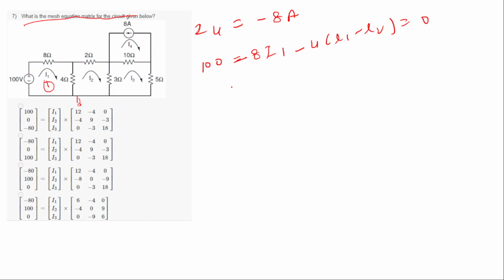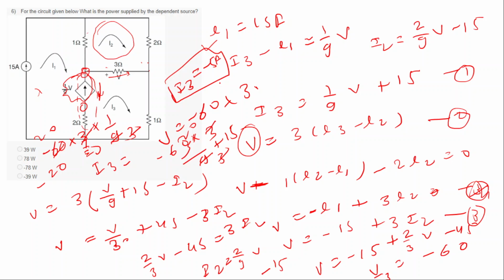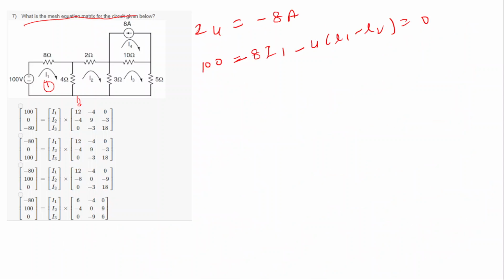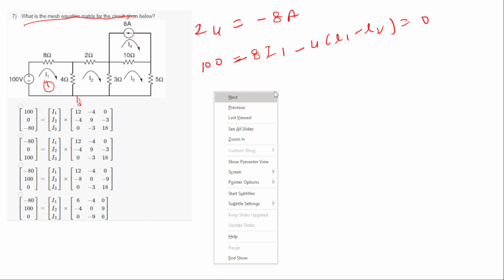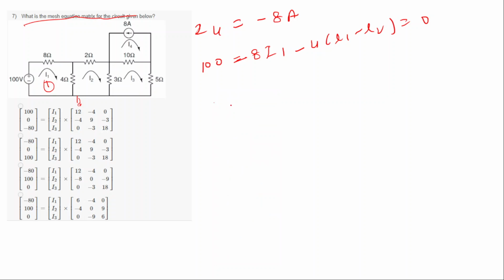Second equation: minus 2I2 minus 3 minus 4 times of I1 minus 4. Then third equation is minus 3 times of I3 minus I2, minus 10 times of I3 plus 8 minus 5I3.